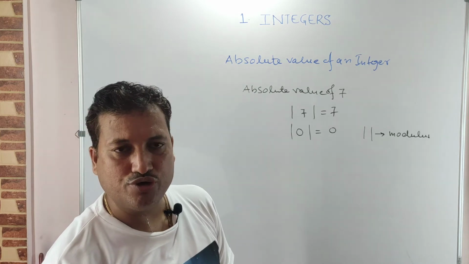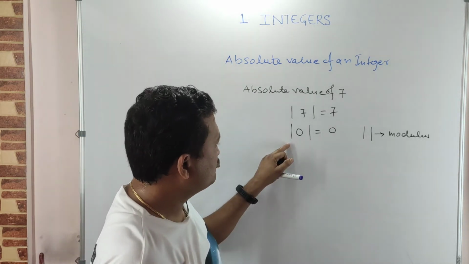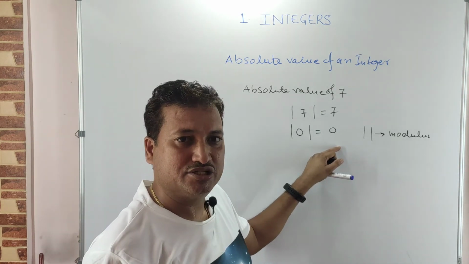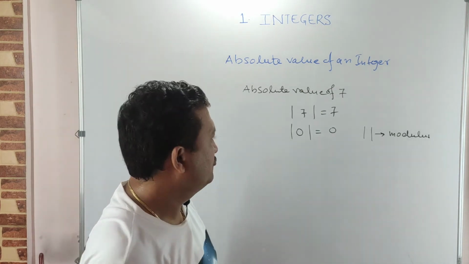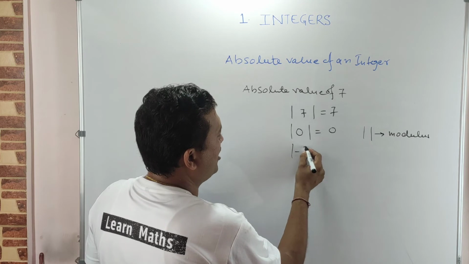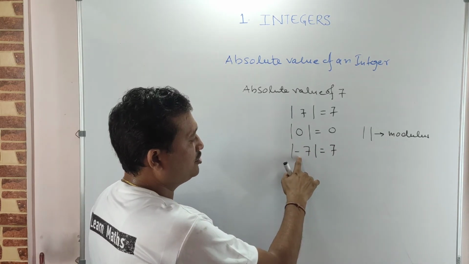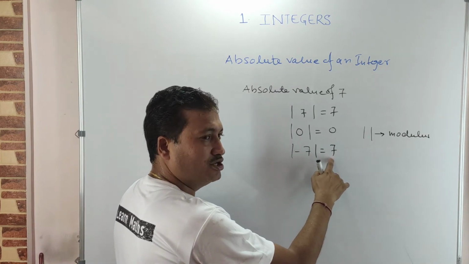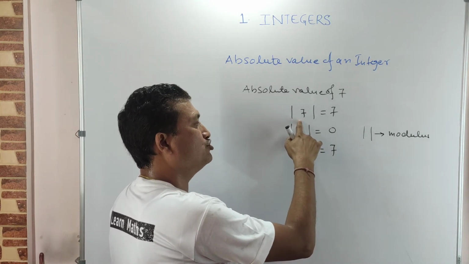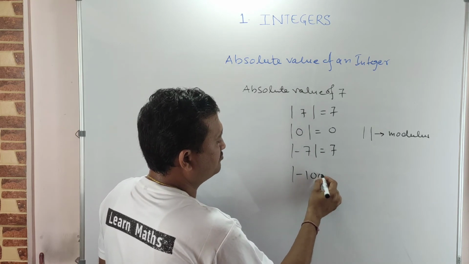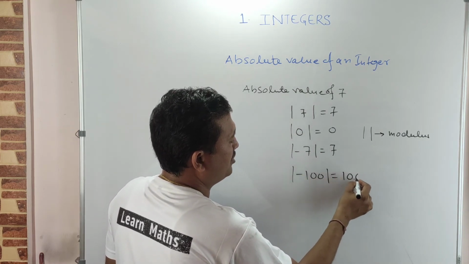0 is neither positive nor negative. Absolute value of 0 is 0, and the absolute value of all remaining integers will be positive. For example, absolute value of -7 is 7. The absolute value of a negative integer will be positive, and the absolute value of a positive integer will also be positive. Absolute value of -100 equals 100.